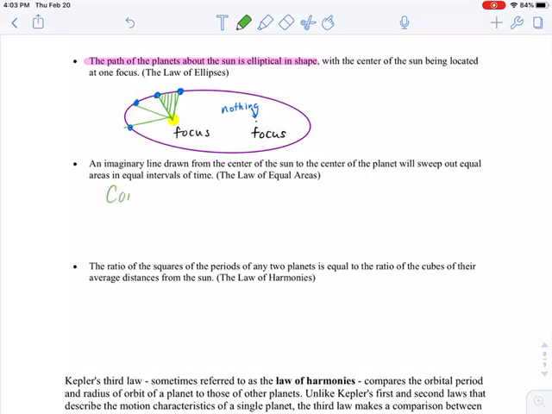So a consequence: the planet moves faster when it's close to the sun and slower when it's farther away.